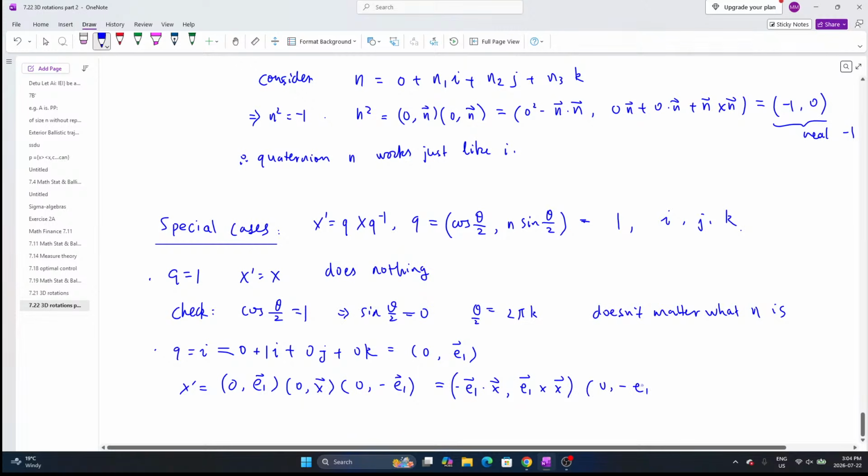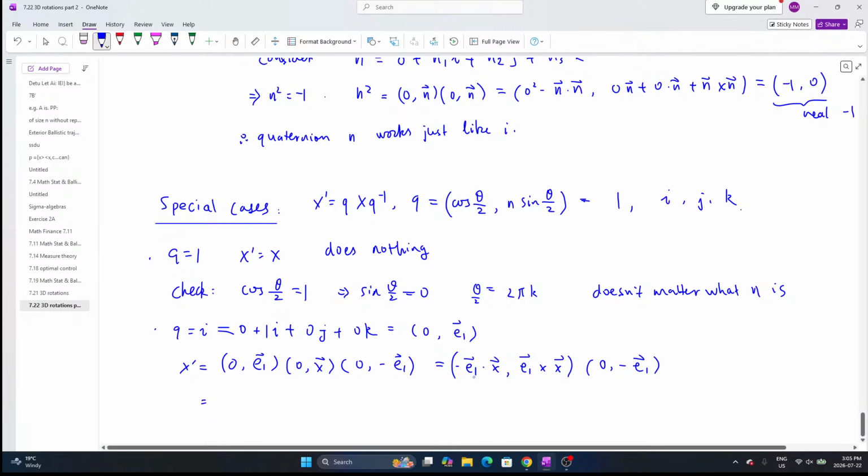Minus E1. Okay, we can simplify at the very end. Let's keep calculating. The first one you get a 0, and then minus 0, you get E1 cross x dot with E1.